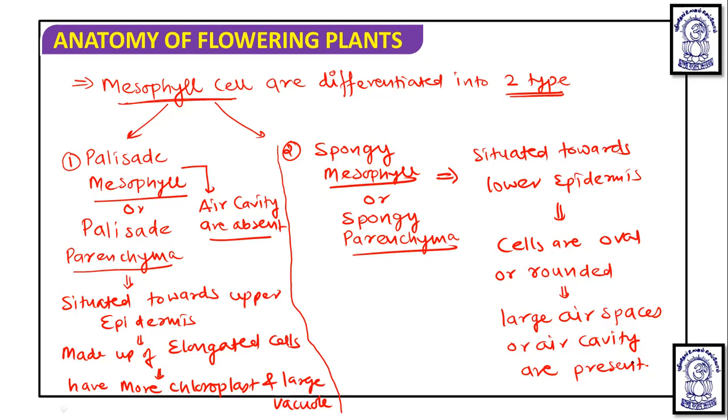In dicot leaf, dear student, this is about the mesophyll cell. But within the mesophyll cell, you will see the presence of vascular bundles.